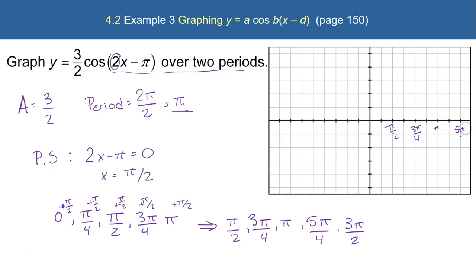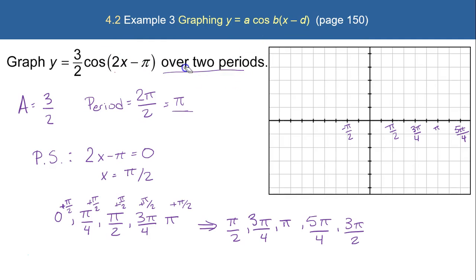See how I ran out of room on this graph, but I'm going to go back this direction to get my full 2 periods anyway. So this is going to be negative pi over 2.